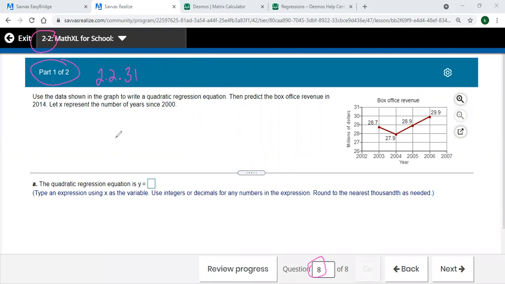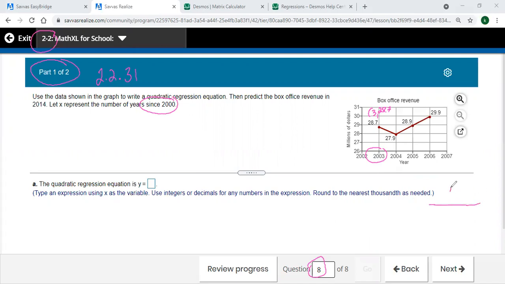We've got two parts. Use the data in the graph to write a quadratic regression equation and then predict the box office revenue. So our x's, and it says used since 2000. So this point right here, when we put it in, it'll actually be 3, because 2003 is 3 years since 2000, and then 28.7.